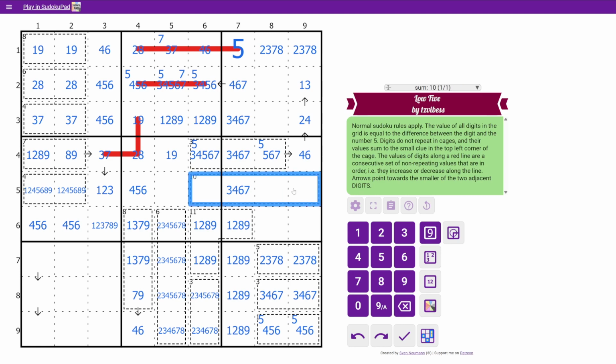A 10 cage is proving to be difficult. What is this? Let's look at this some more.